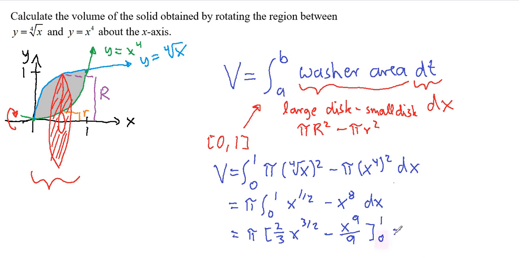We notice that the lower bound of 0 will create a value of 0 since both of our terms have x as a factor in them. And so we're just left with pi times 2/3 minus 1/9. And once we simplify this, we get that our volume is 5 pi over 9 cubic units.